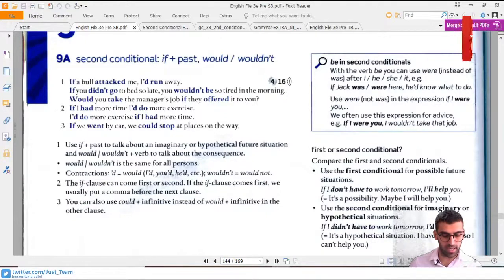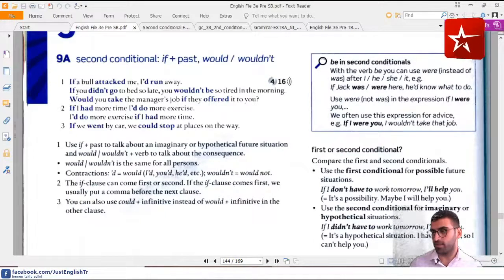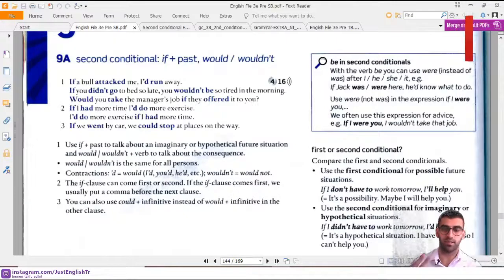We can imagine something that could happen or not. All right, and we have to make the sentences by using the second conditional grammar. How can we use them? We have two parts: we have the if clause, and we have a main clause.